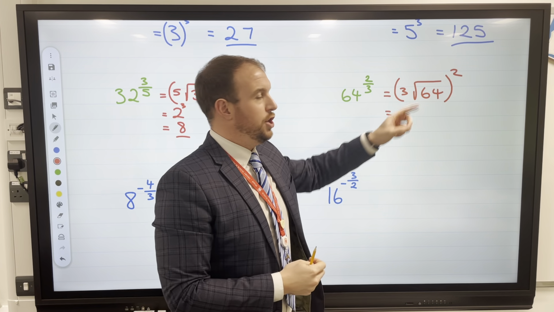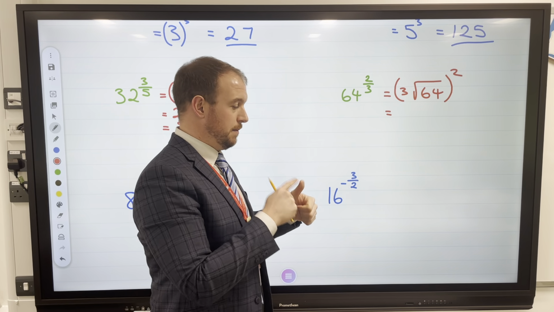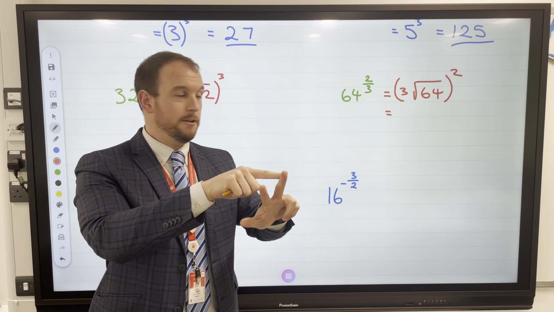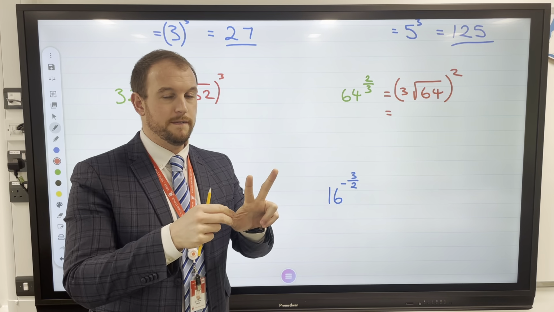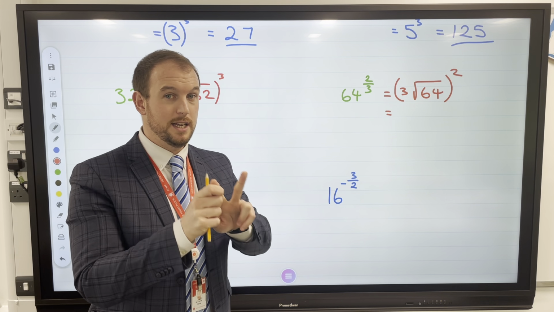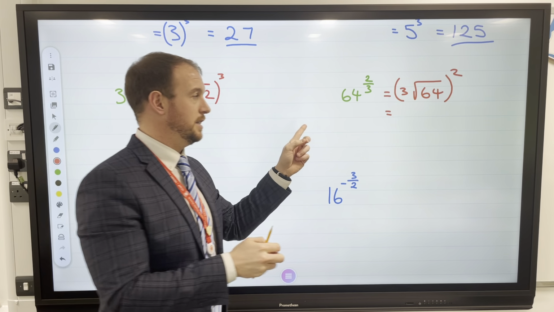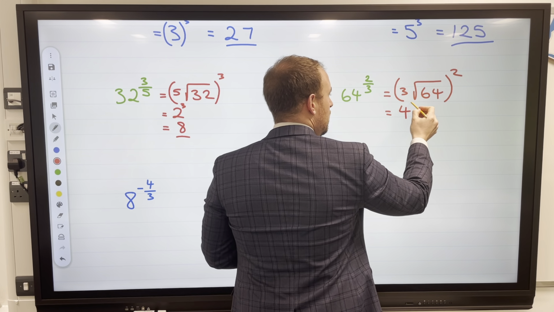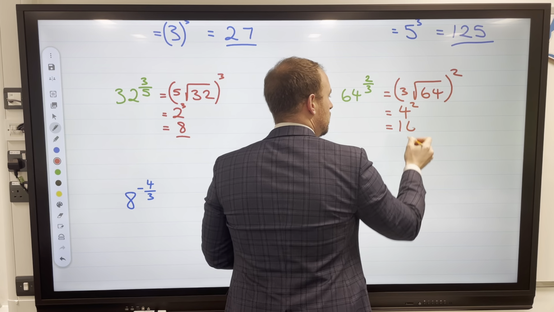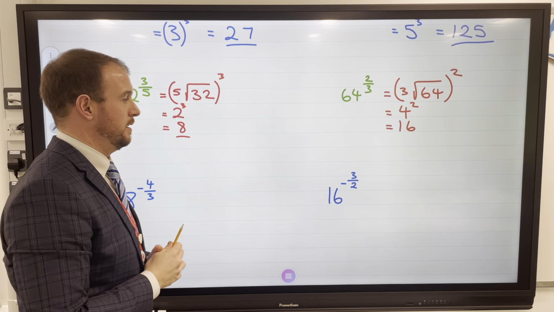However, cubed root, so something times something times something is 64, and that number is 4 because 4 times 4 is 16, 16 times 4 is 64. So the cubed root of 64 is 4, and then to the power of 2 is 16.